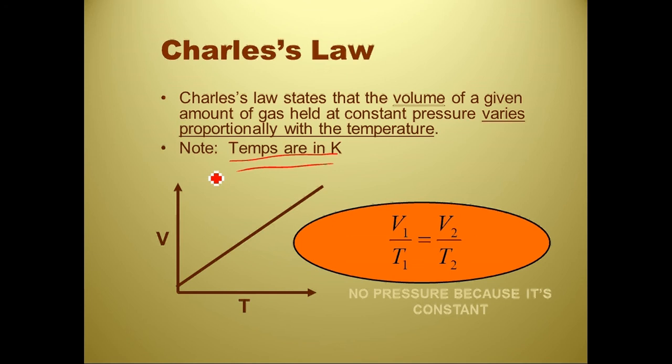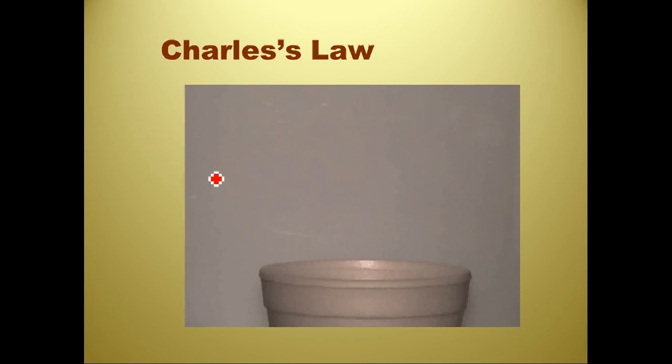What does a negative volume look like of a gas? It doesn't look like anything. You can't figure that out. So we'll talk about that more on Monday, why we have to use Kelvin. But for now, that should suffice. It doesn't look like the video is going to play, but you can remember what the liquid nitrogen video looks like. Balloons going into liquid nitrogen.